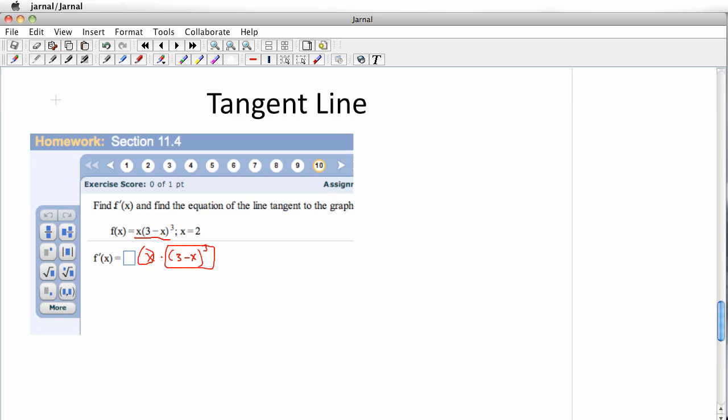The cube is not on the whole thing, and so I would not categorize that as just being a bunch of stuff to the 3rd power, because that 3rd power is not on the entire thing. So I have a product. The product rule says that I need to take the first thing times the derivative of the second.